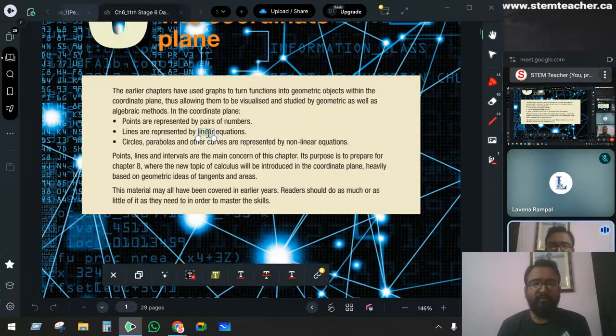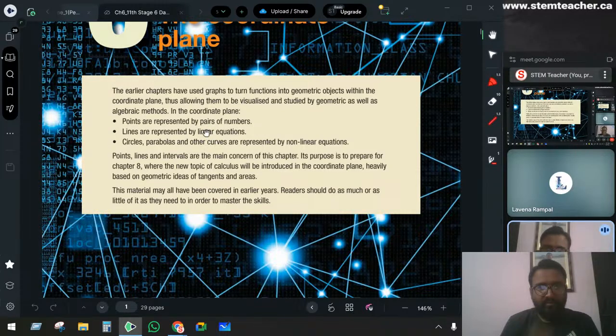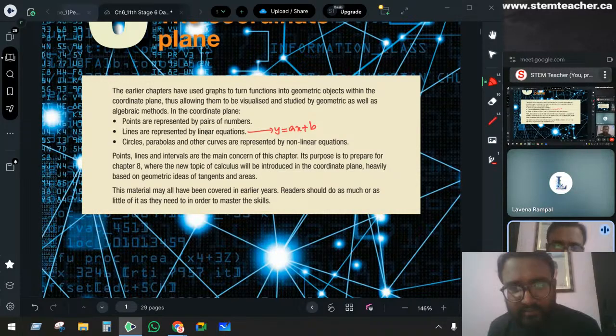Whenever y is equal to ax plus b, that is a linear equation. Lines are represented with a linear equation, which is y is equal to ax plus b. So it is a linear equation in the two-dimensional plane system.